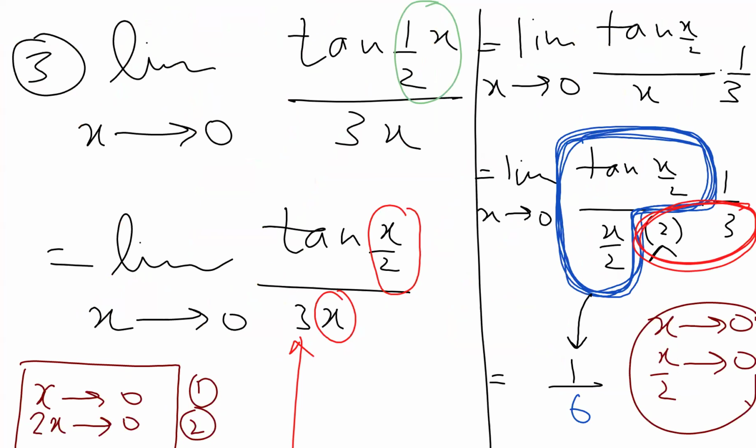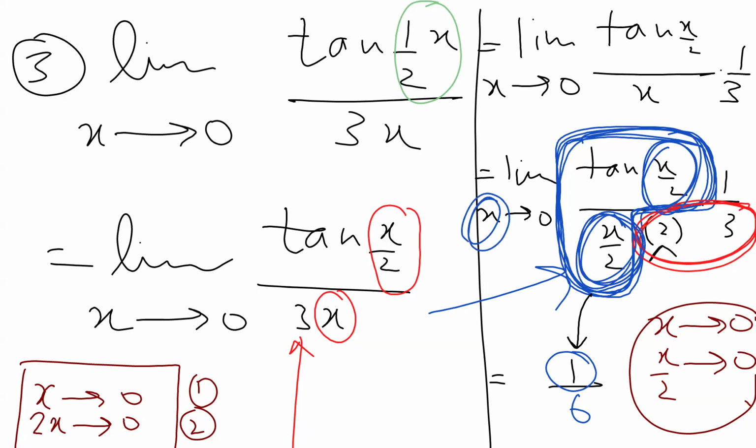See this problem. So you have copied this problem, right? Now this particular part is 1, the blue colored part. But then the formula is for x. These three terms have to be x.